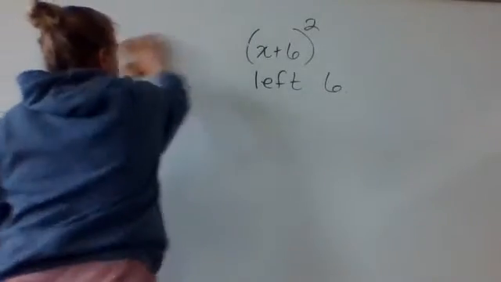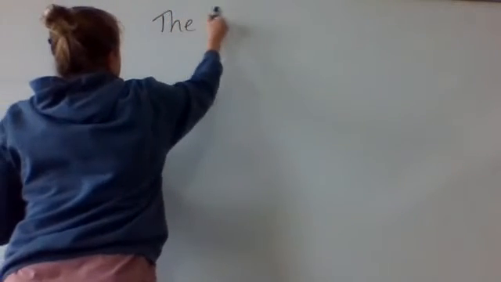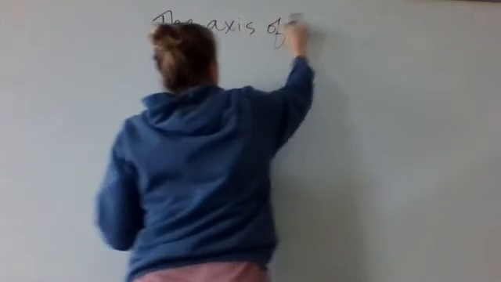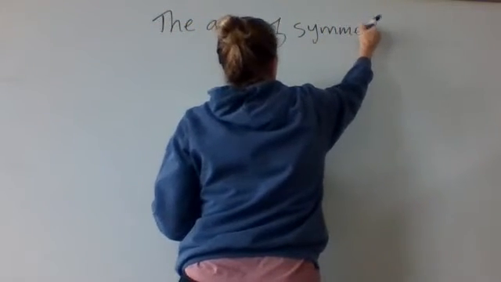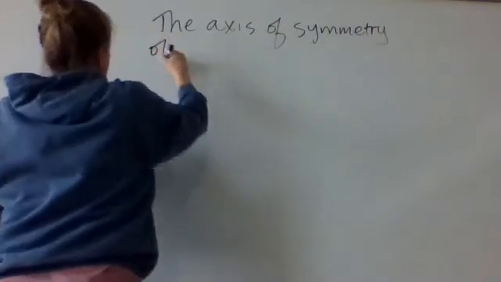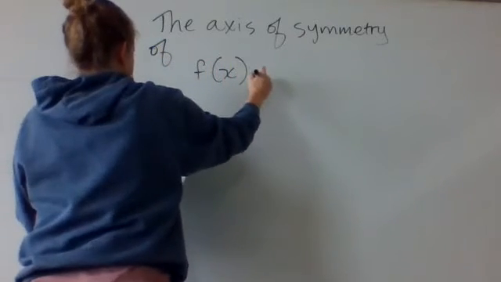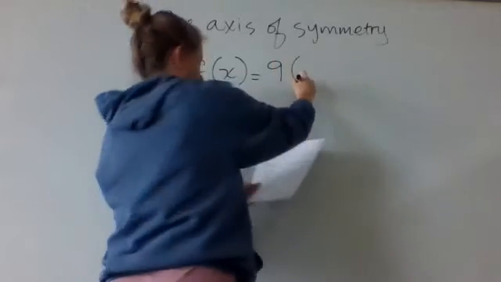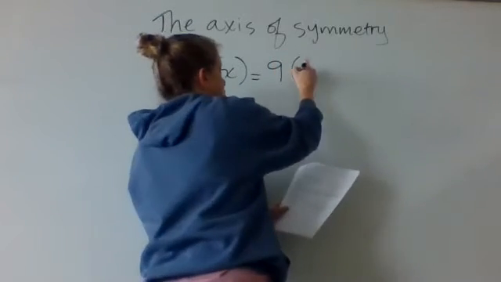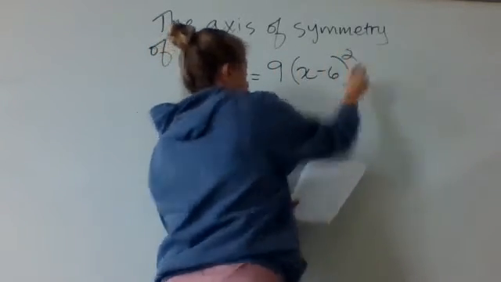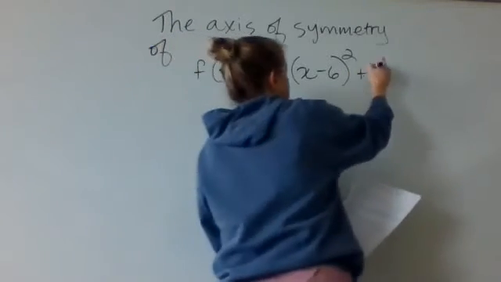All right, number 7 is also another translation kind of question. It says the axis of symmetry of the function, and the function is f of x equals 9 times (x minus 6) squared plus 7.